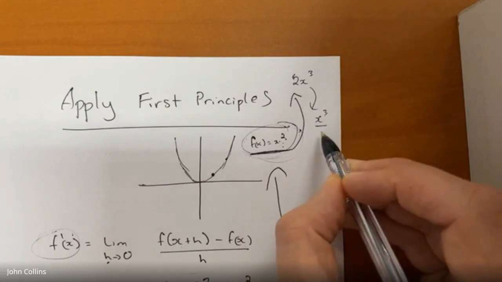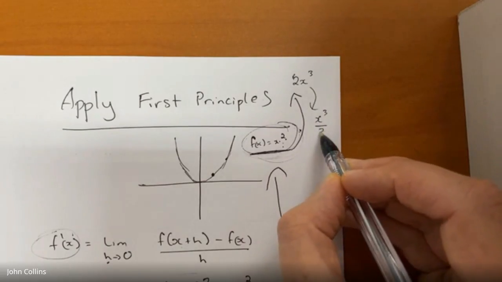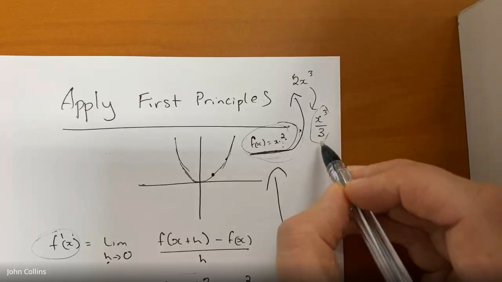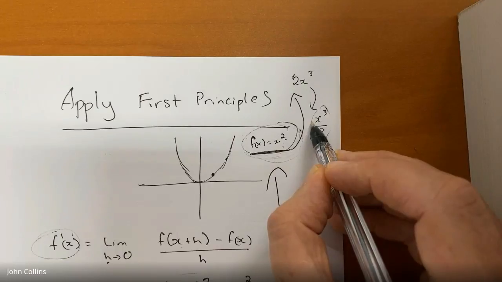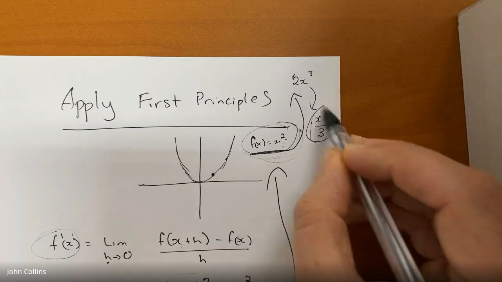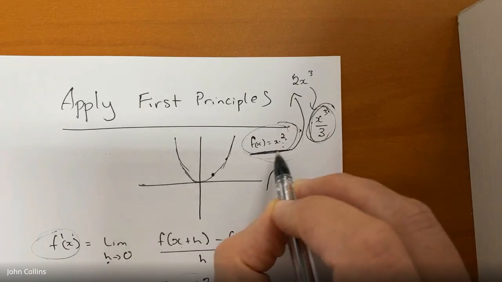So 1/2 or something. Think about it, so perhaps over 3. Yeah. Because if I do that by rule, I multiply down by 3, and I get 3x squared all over 3, and the 3's are cancelled. So this would be the parent function for this.